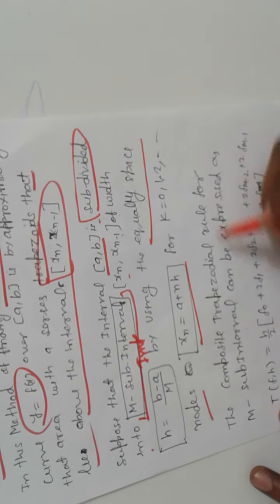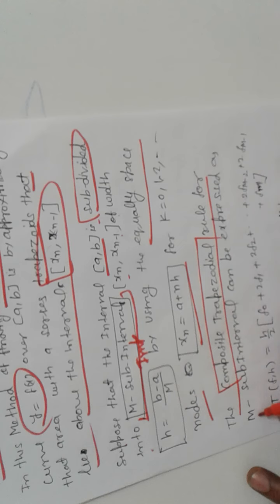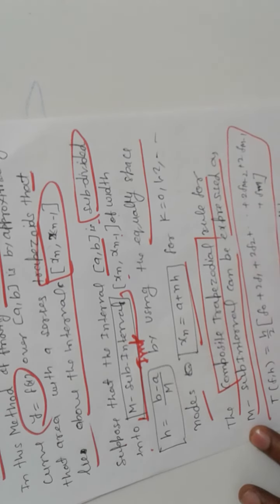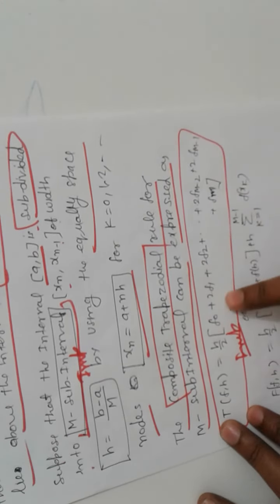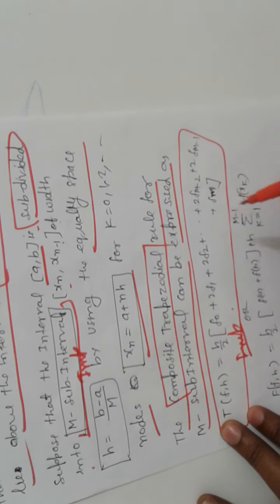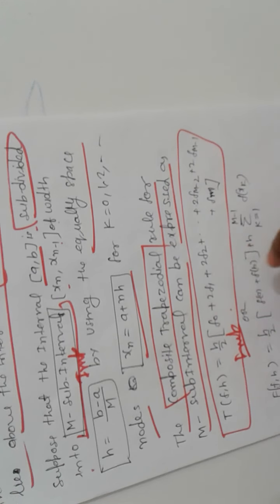The composite trapezoidal rule for m subintervals can be expressed as follows, which is important: f0, 2 f1, 2 f2 and so on. Then simplify and evaluate.